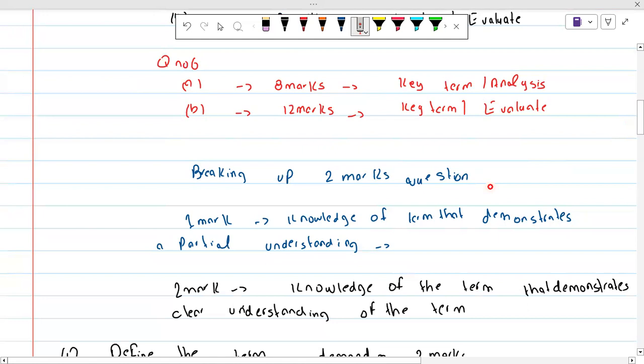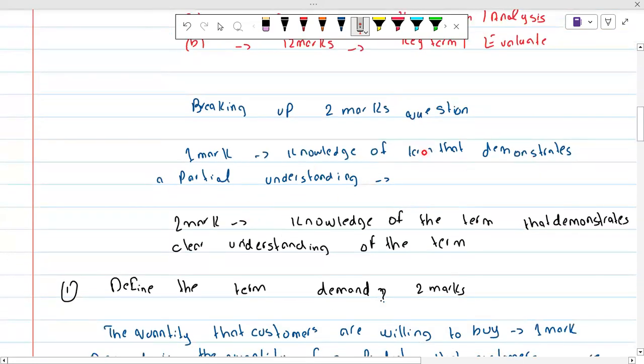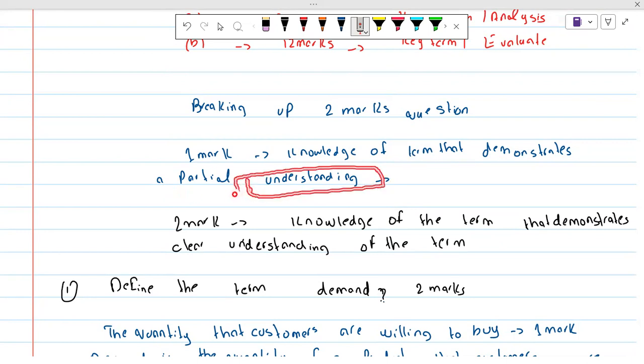2-mark question. Okay. In a 2-mark question, you have to write a clear understanding. For example, if you write any knowledge of a term that demonstrates only partial understanding, if you don't define the key term precisely, you will get only 1 mark for it.